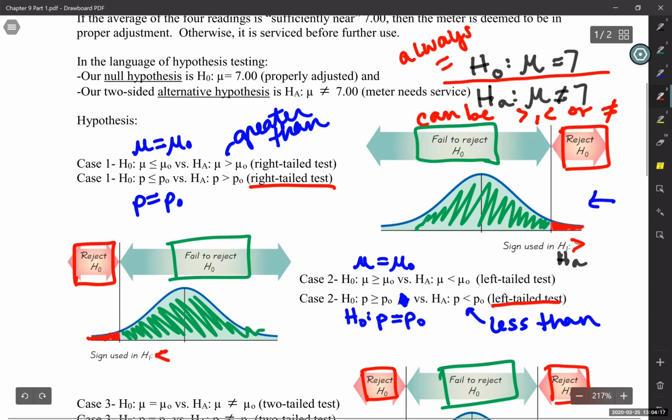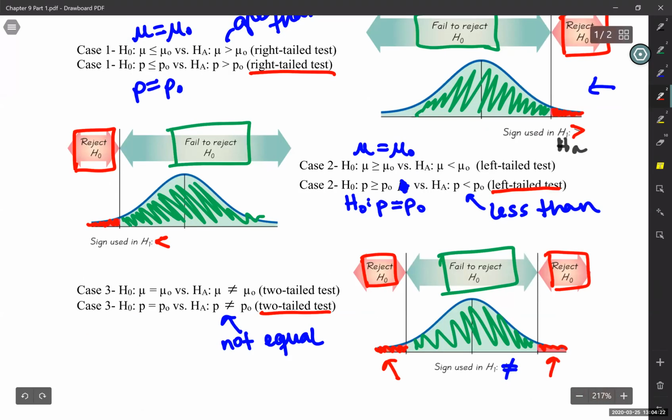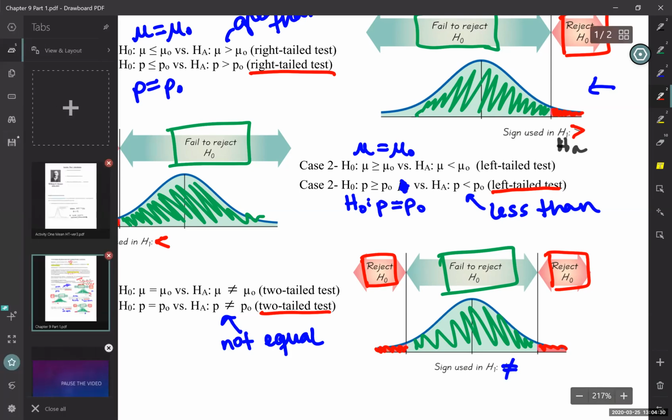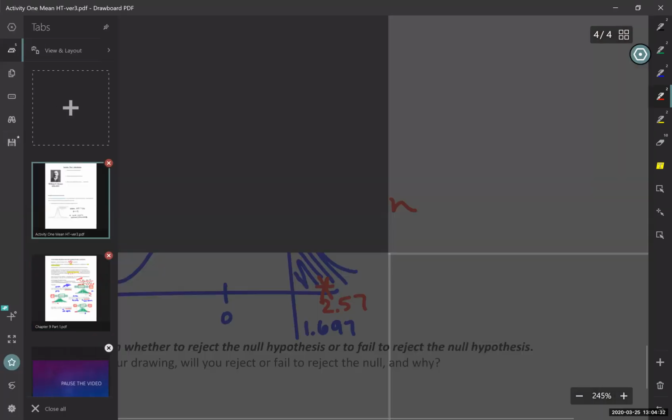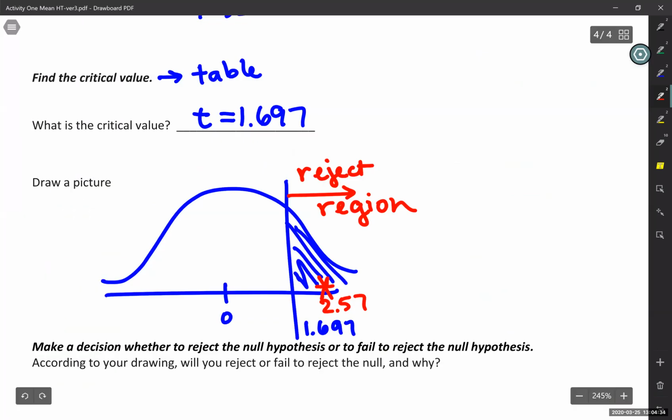And then on the two tail test, we actually have on the right and the left two reject regions. So that's what we're trying to do here: figure out where the line is, and the line comes from the critical value. And then where does our test statistic land?